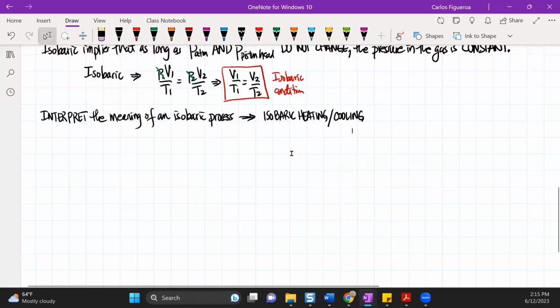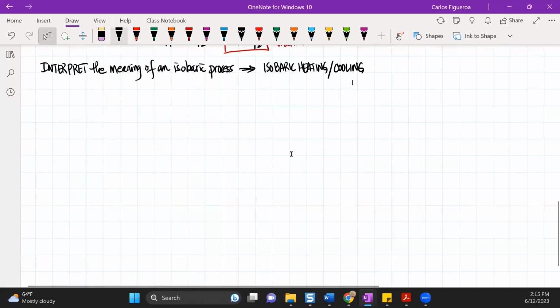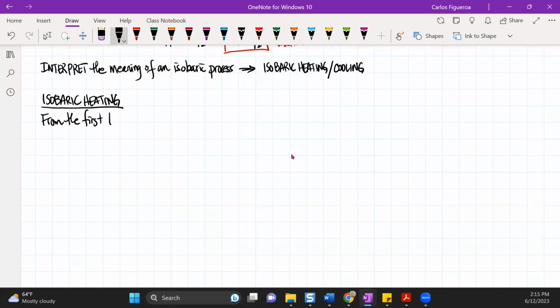So let's look at these one at a time. So here we go. I'm going to look at isobaric heating. From the first law, working plus heating changes the internal energy of the gas.